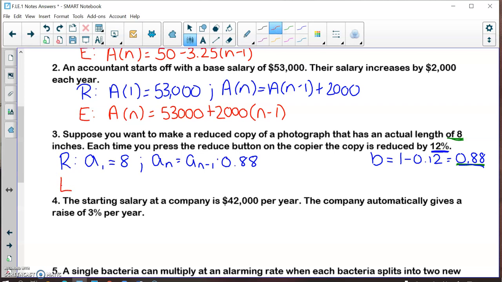Now my explicit formula is going to be a sub n is equal to, I start with 8, I'm going to multiply each term by 0.88, and since this is exponential, we're raising it to the n minus 1 power.